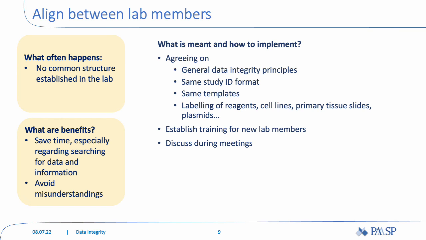Such alignment can also be supported by a lab-wide infrastructure. For example, a joint database or a lab wiki may provide helpful guidance and a joint resource. If these things are not discussed in your lab, maybe you want to suggest it.